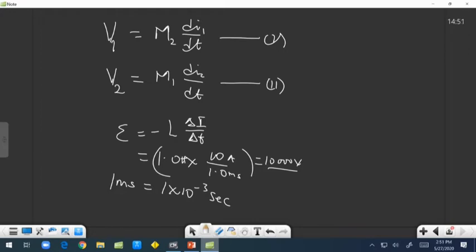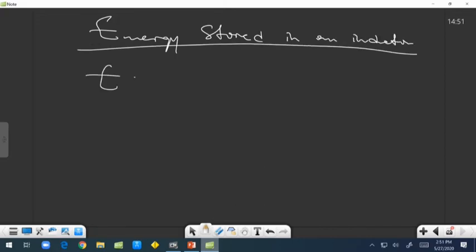Then the energy stored in an inductor is given as half L I squared, where L is the inductance and I is the current flowing through the inductor.